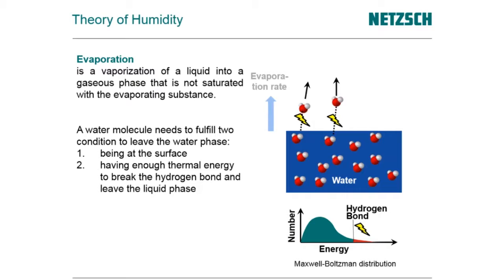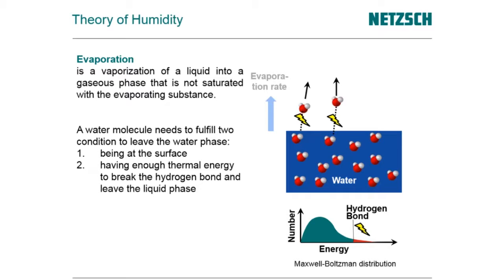Each of these molecules has its own energy. There is a distribution, not all the molecules have the same, and this distribution can be given as shown here with the Maxwell-Boltzmann distribution. The important part is the higher energy range, as some molecules inside the liquid water have really high energies which even exceed the energy defined by the hydrogen bonds.